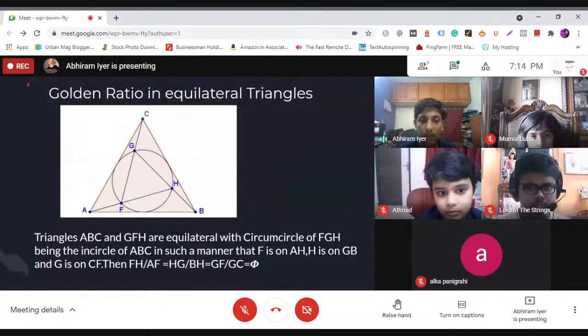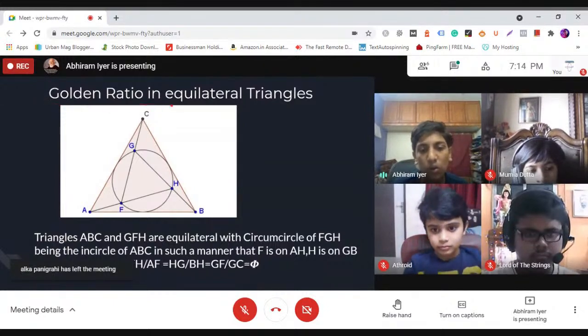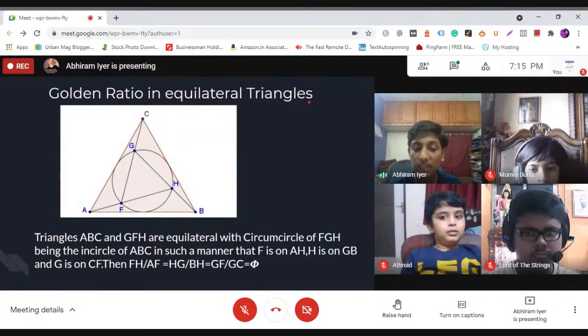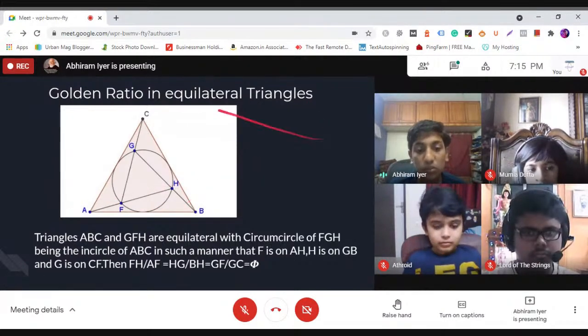So let us dig into our main topic, which is the golden ratio in geometry. So let's see how the golden ratio is present in an equilateral triangle. So let us use a construction.